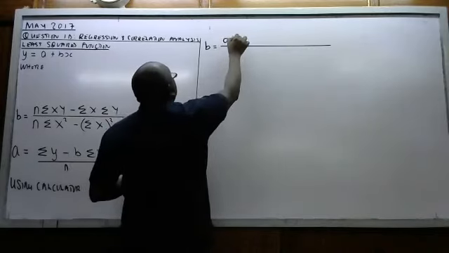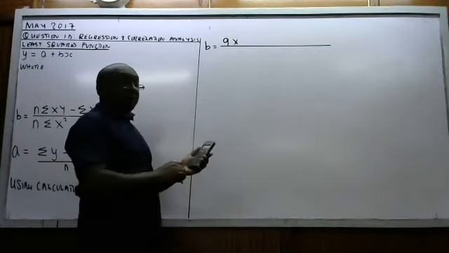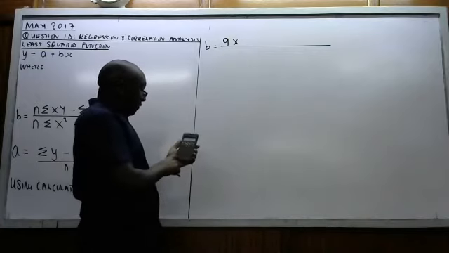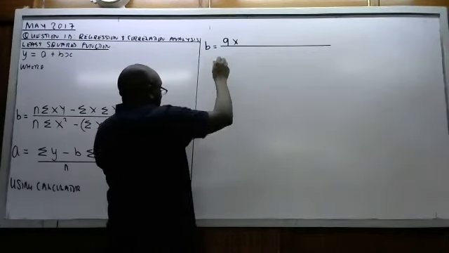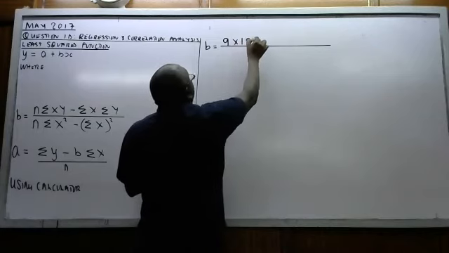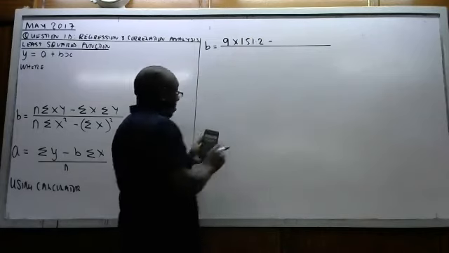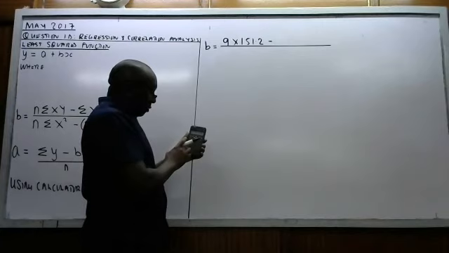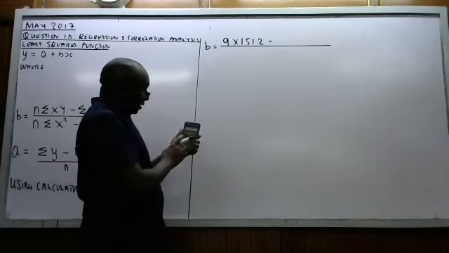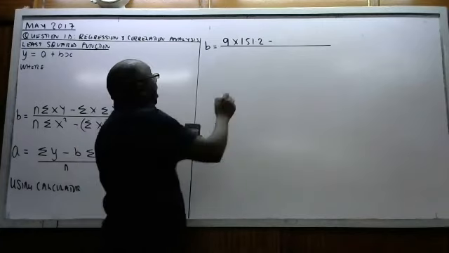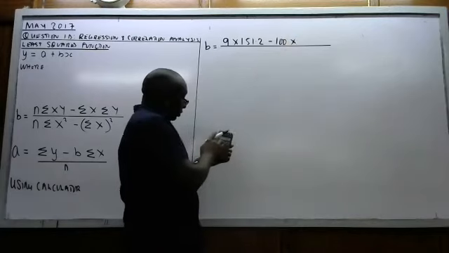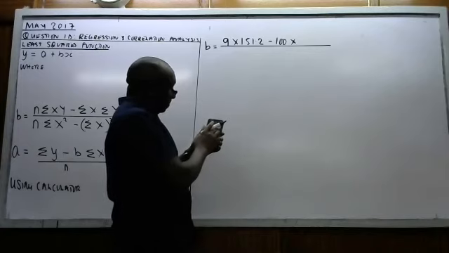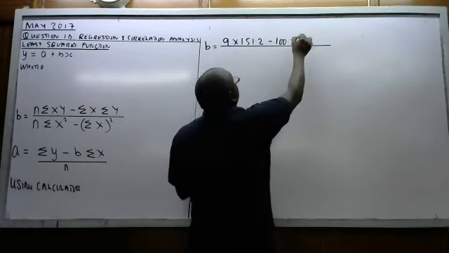So 9 times sum of XY, I move forward, I give it number 3, press D and press equals, 151.2. Then shift button number 1, sum of X is 2, equals 100, times shift button number 1, sum of Y is 2, equals 11.1.